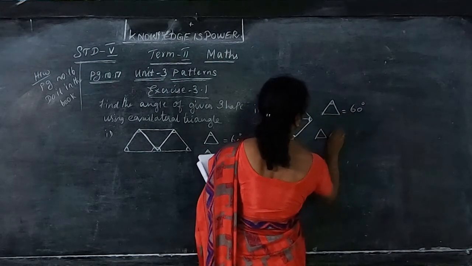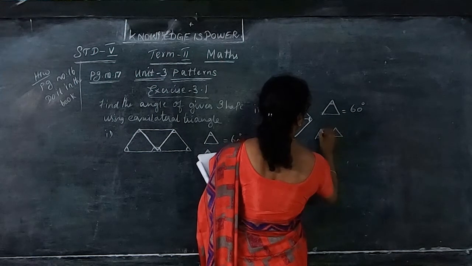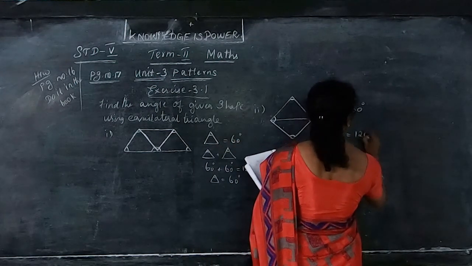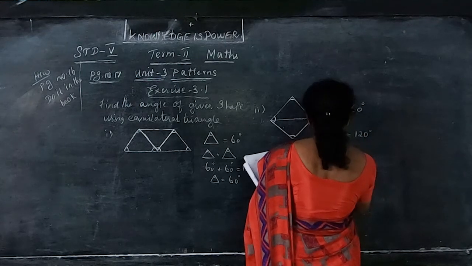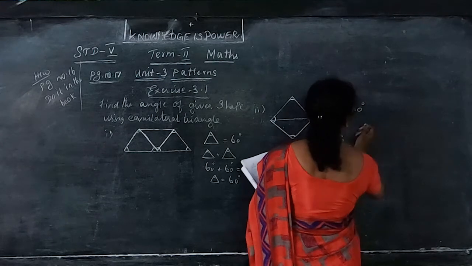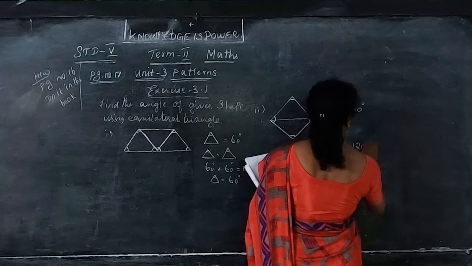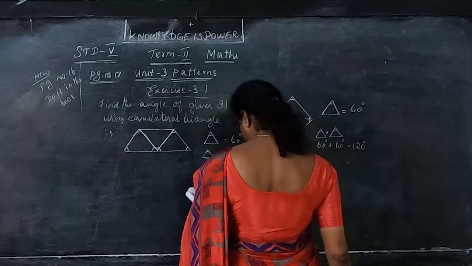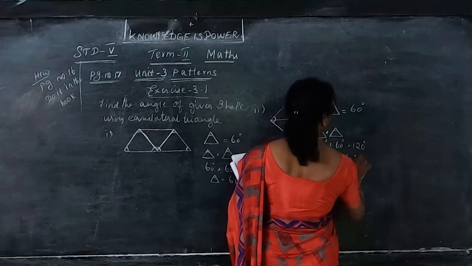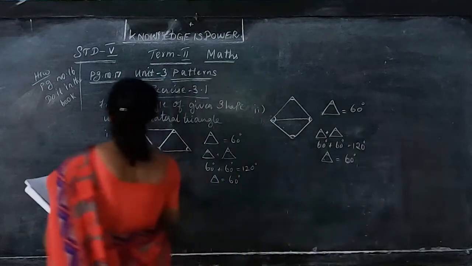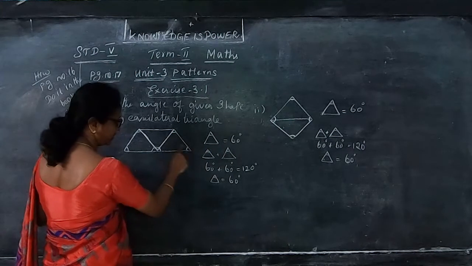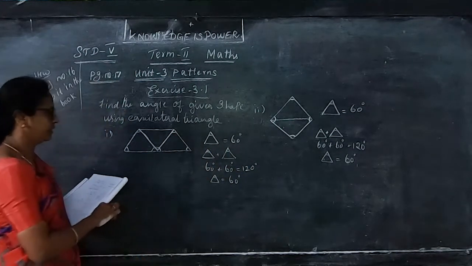So two triangles you put and write like this, that is equal to 120 degree. 60 degree plus 60 degree, 120 degrees. Okay, for this sum I am telling. And one triangle, remaining another is 60 degree. That's all. So two triangles are there. One equilateral triangle is equal to 60 degree and 2 is equal to 120 degree.